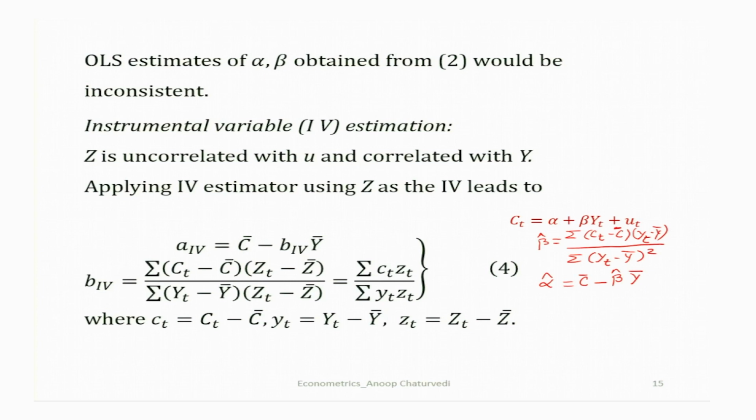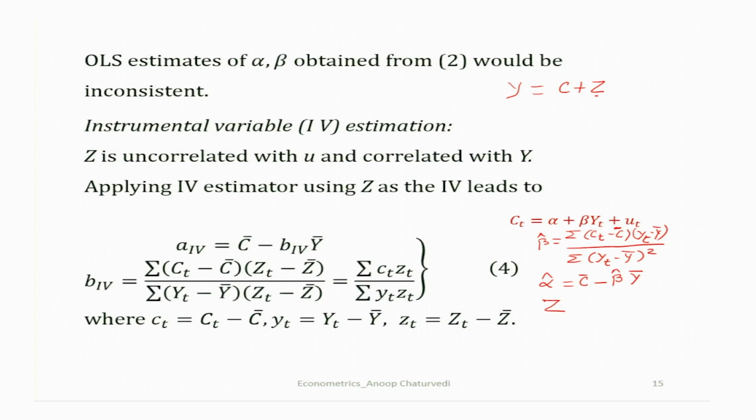Now, one of the procedures which we considered in case of measurement error models also is instrumental variable estimation procedure. Now, here you have a variable z which is uncorrelated with u, and it is correlated with y. Ultimately, y is equal to c plus z.